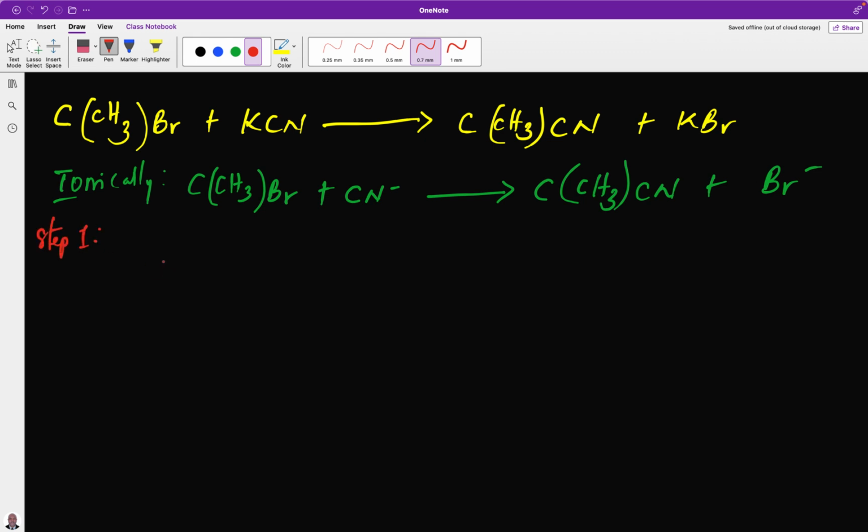In step 1, ionization of the C-Br bond. And how does it go? It goes like this. I have 2-methyl.